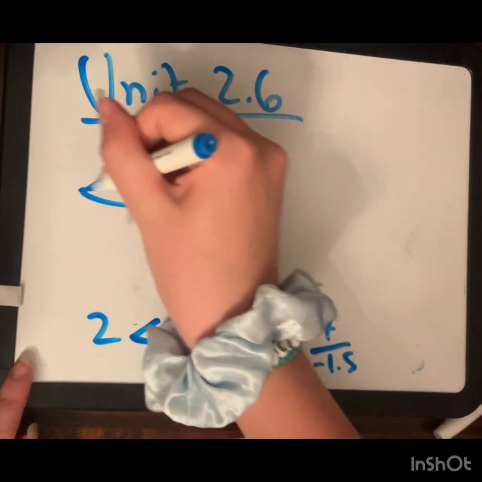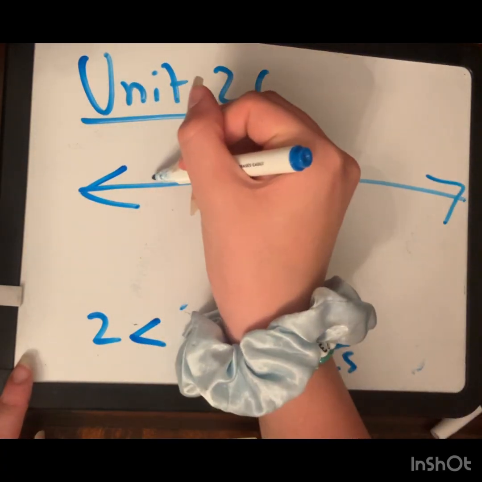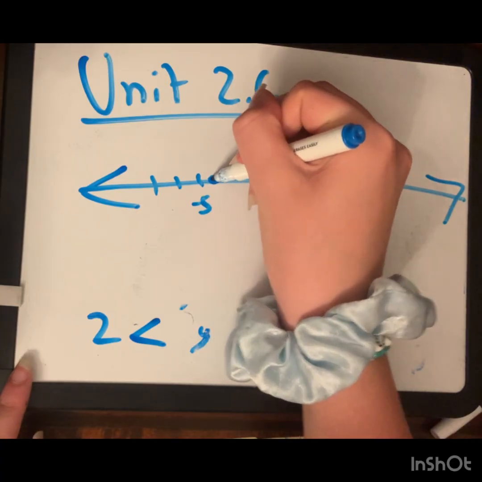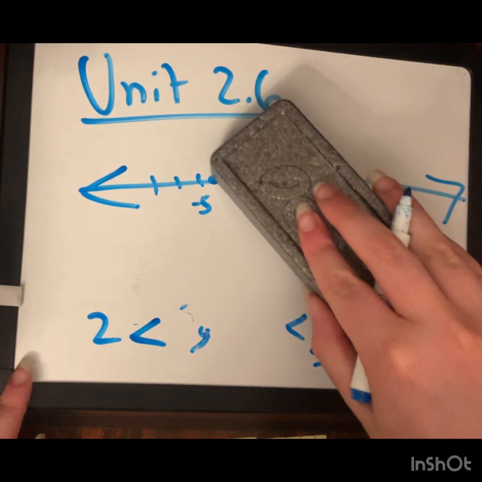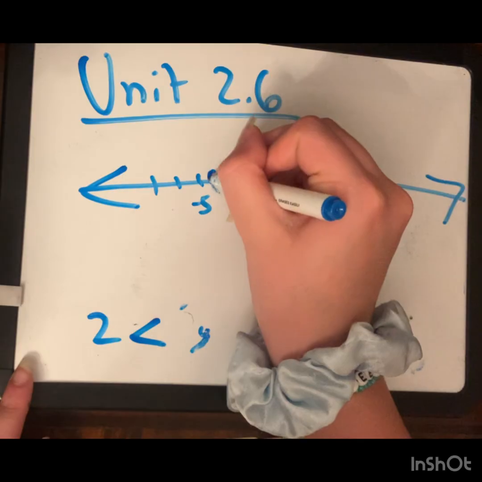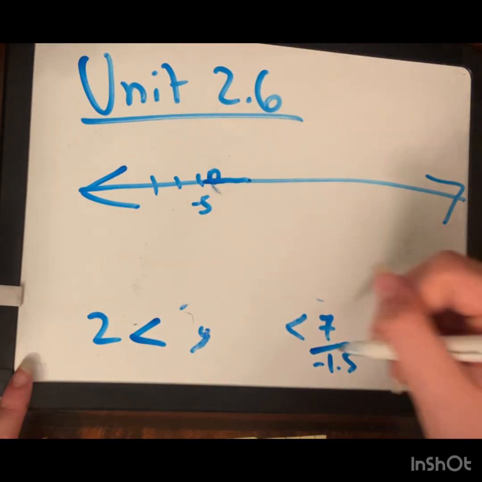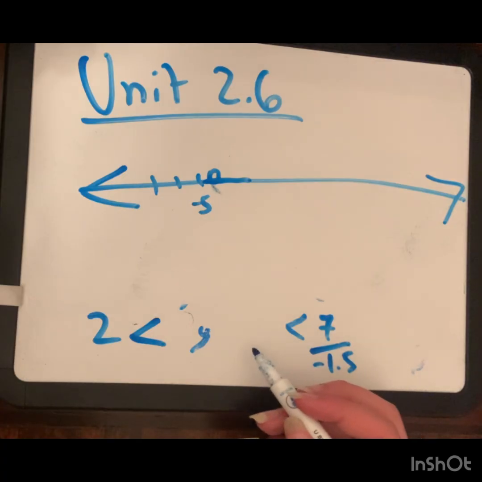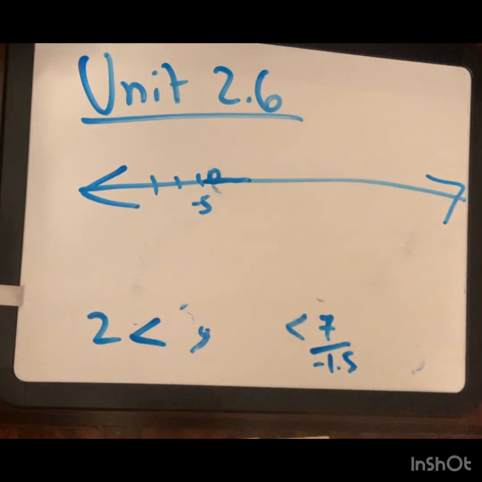So when you graph it, you just do an approximate. If this is like negative 5, negative 4.6 would be like around here. It'd be an open circle because there's no line under it. And then g is less than negative 5, but g is greater than 2.